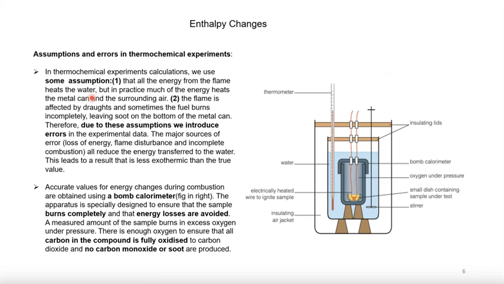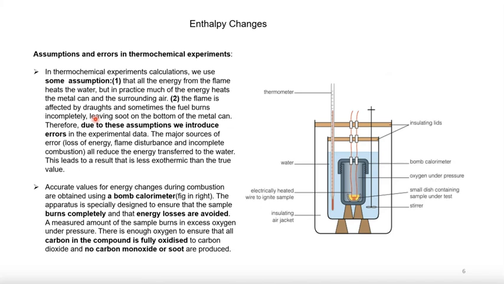But in practice, some energy heats the metal can and the surroundings. The flame is affected by draughts, or sometimes the fuel burns incompletely, leaving soot or unreacted materials. These are the problems which cause errors in our experiment.